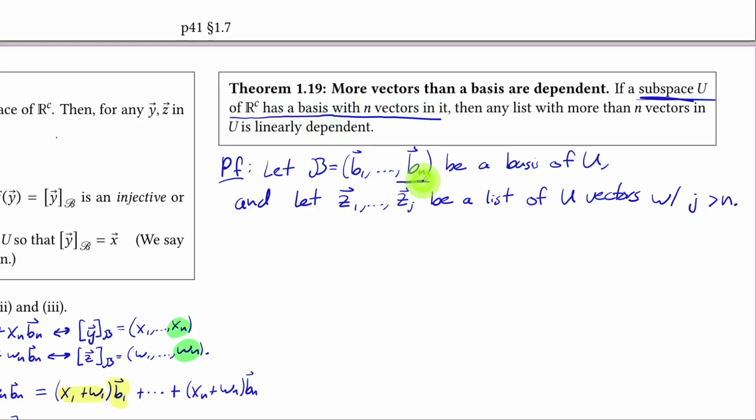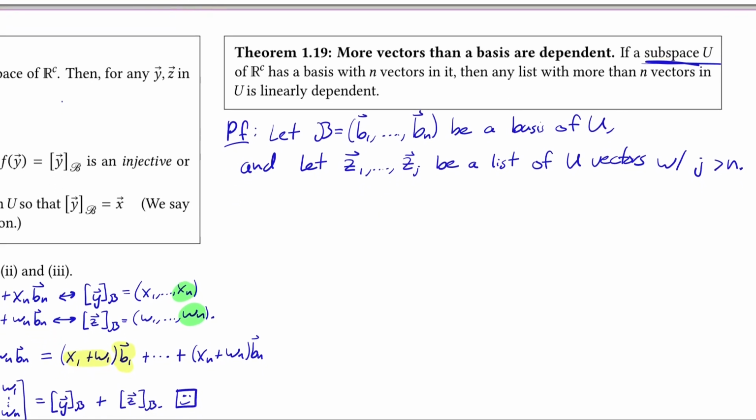And we're also saying we have a list with more than n vectors. So z1 through zj is a list of j vectors. And the number of them, j, is more than the number of basis vectors. Okay, we want to show that this list z1 through zj must be linearly dependent.